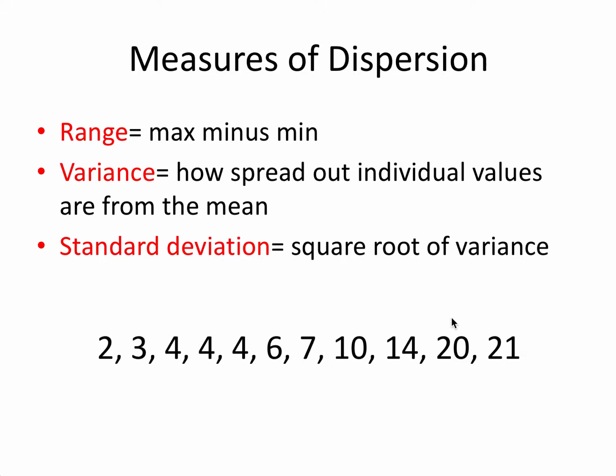So this would give you the squared difference. And then you'd calculate the average of those squared differences. So don't worry about that calculation, but for this data set, if you're curious, the variance is 42.049. Standard deviation is just the square root of that, so it would be 6.48.